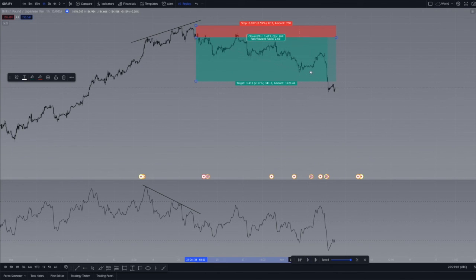And boom, take profit was smashed. So this is just an example of divergence and a way that you can utilize it to enter and exit trades. We'll definitely dive more into it in the next section on how you can build rules around a strategy like this.